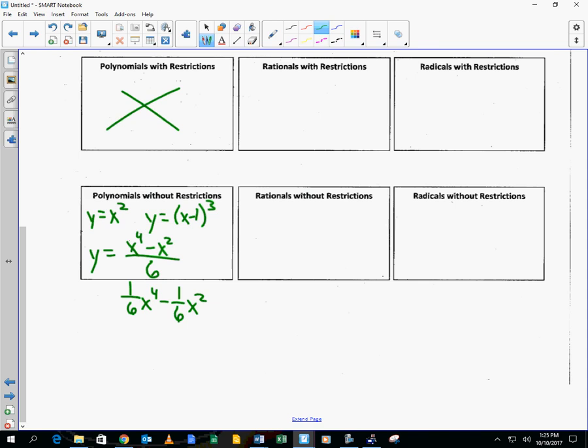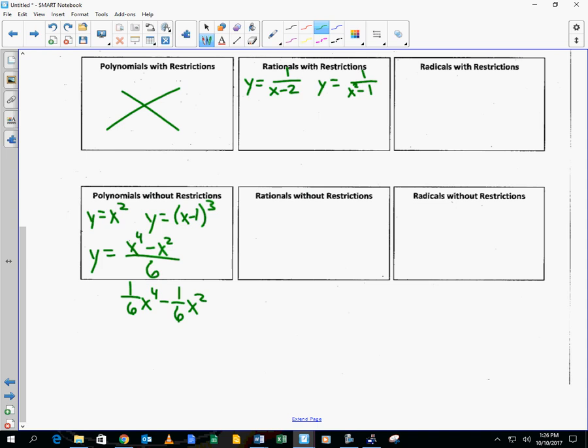Well, when you think of rational functions, there are rational functions that cause problems. So like y equals 1 over x minus 2. What's the value you couldn't plug in there? Or suppose you had y equals 1 over x squared minus 1. 0 is fine. You plug in 0, you get negative 1.